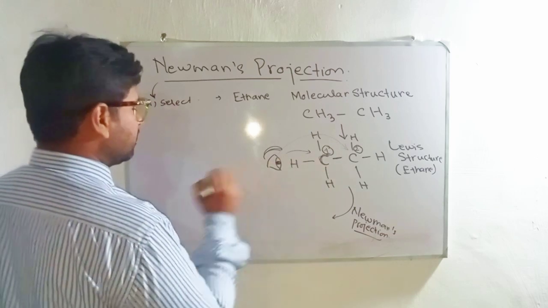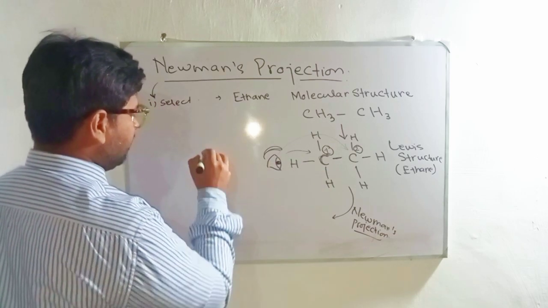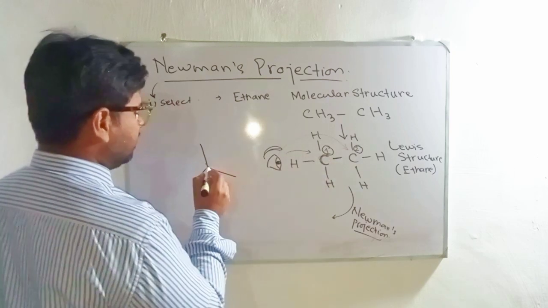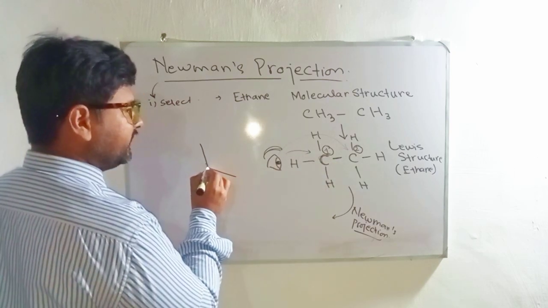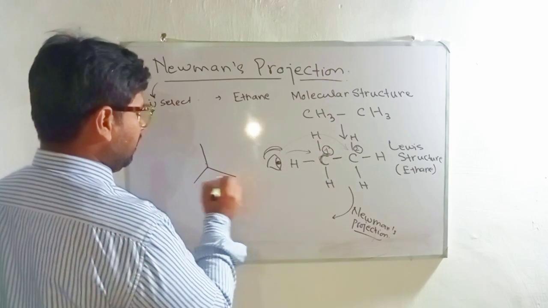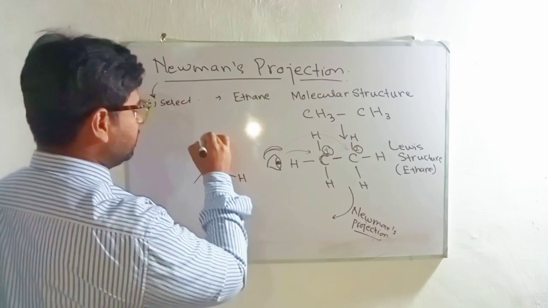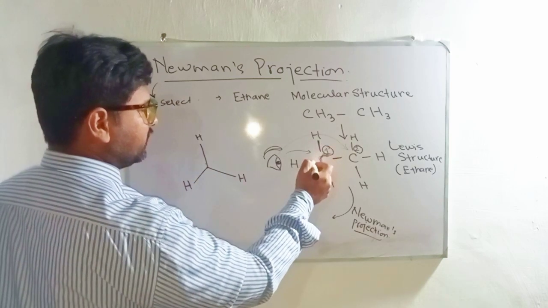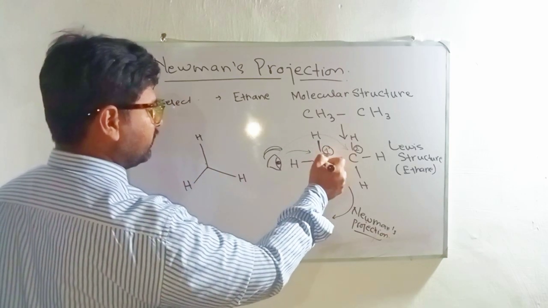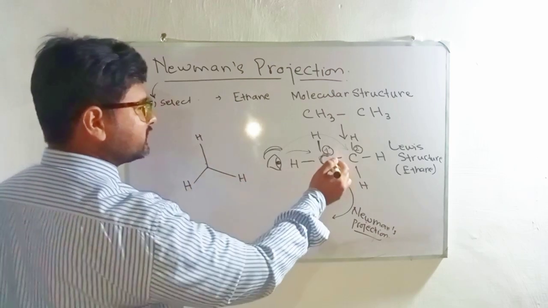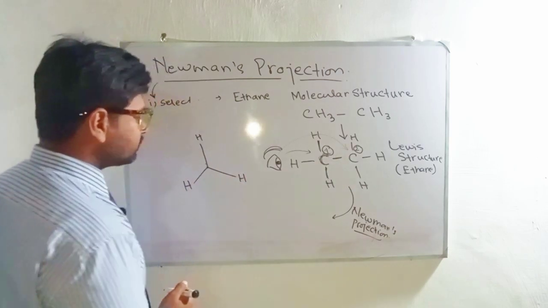Remember that carbon number 1 will be represented by 3 bisected lines, and their center point will denote this carbon atom number 1, while their lines will be connected with 3 hydrogen atoms that represent the hydrogen atoms attached to carbon number 1. So this will be the CH3 form of carbon number 1.